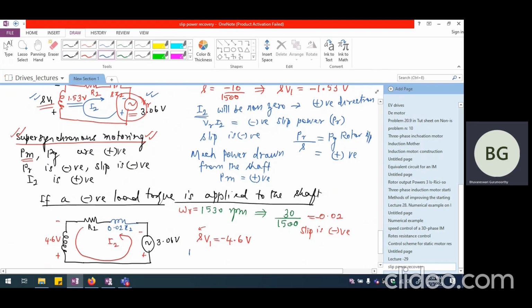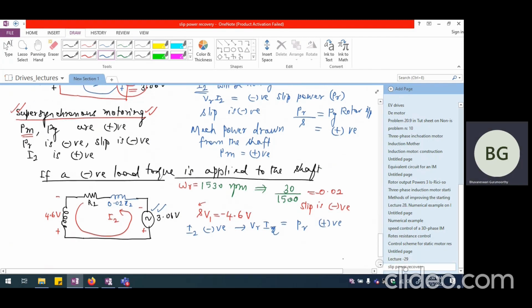So we are going to have I2 negative, and with VR and I2 both being negative, PR will be positive. So the voltage source VR will be absorbing power, which means there will be a power that will be absorbed by this side voltage source as well.